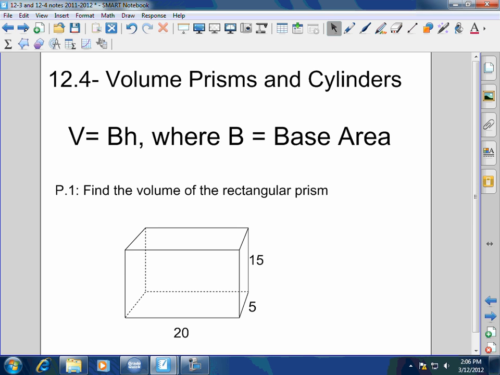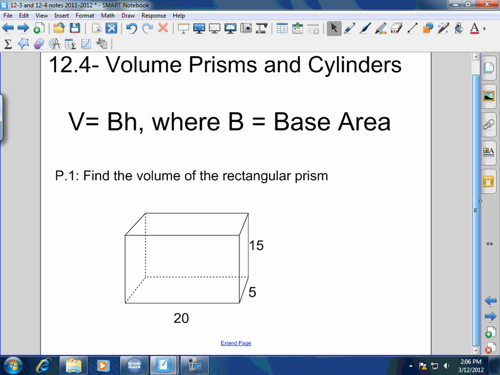Any prism or any cylinder, you can find the volume with this formula right here. It just depends on what the base is. Remember, if the base is a hexagon, 1/2 of apothem times perimeter is the base area for that. So I have to find the apothem, the perimeter, get the base area, 2 times base area, plus the lateral area. Okay, it's that easy.